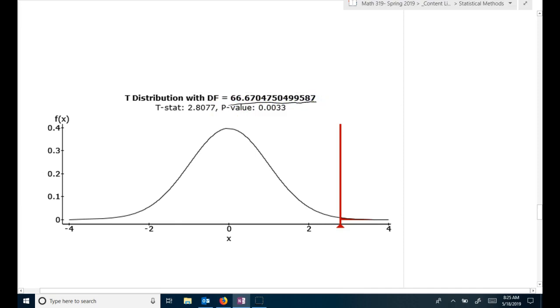And what I got here is my p-value, so the area under the curve, that's 0.0033. And if you remember, my alpha was like 0.05. That's the area that we have to beat. We clearly did, right?